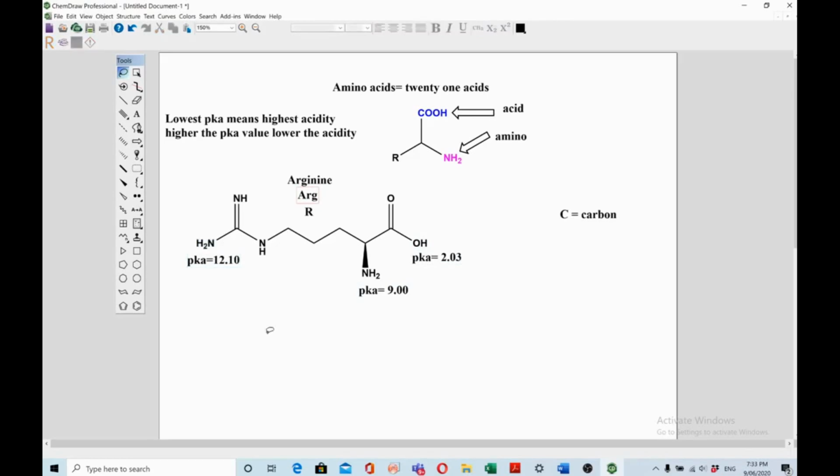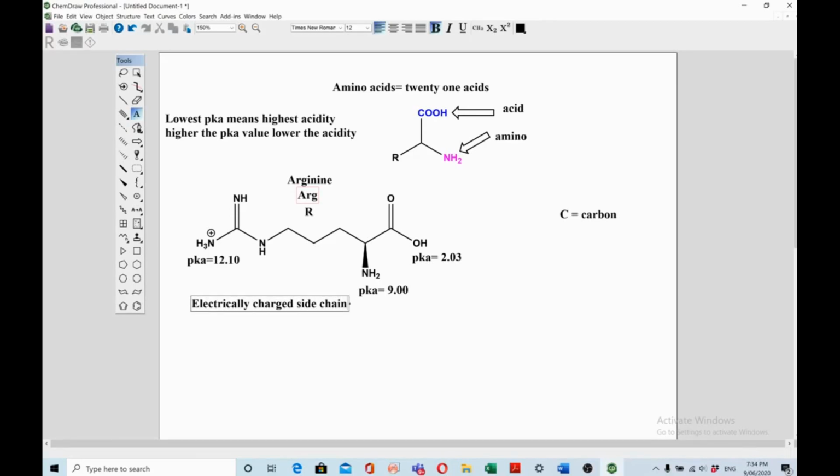Okay, so this was arginine, having 3-letter code ARG and 1-letter code R, and it has a positive charge on the side chain nitrogen. So we call this amino acid an electrically charged side chain amino acid.